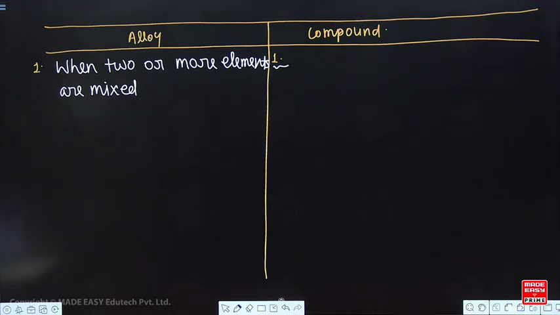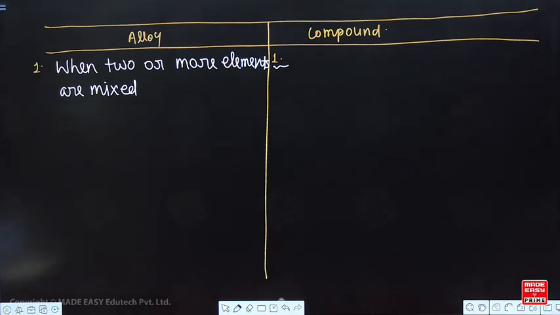Next point. In alloy we will write: components of an alloy can be separated by melting.